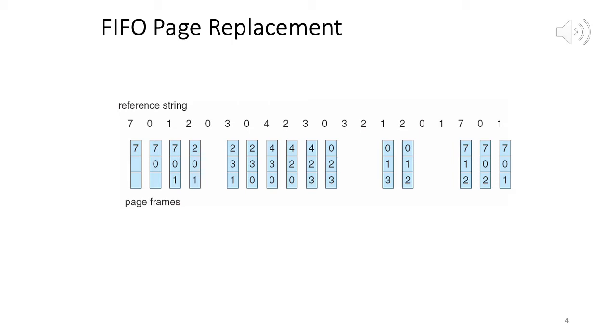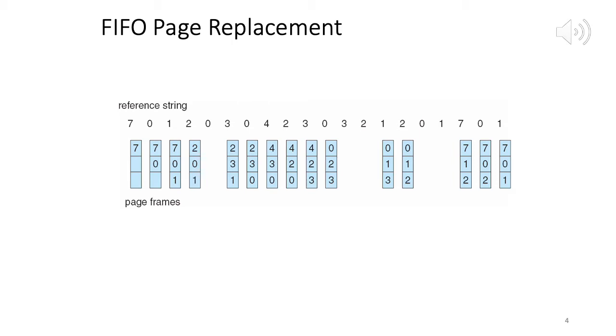Whenever we have page faults, we are showing the contents of the 3 frames. For some of the memory accesses, we don't see the contents of the frames, which means we don't have any page fault in that scenario. After 1, the next access is for page 2. Inside memory we have pages 7, 0 and 1.